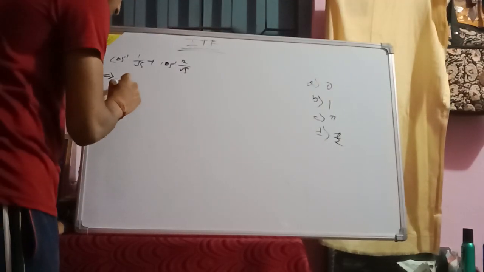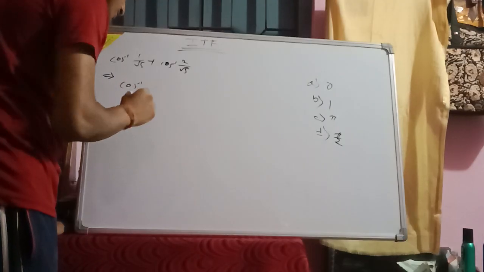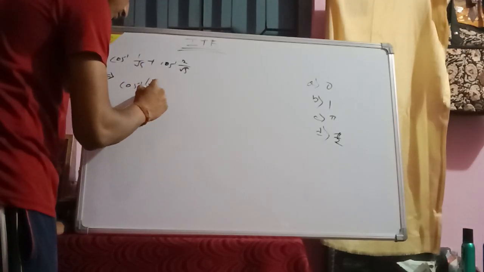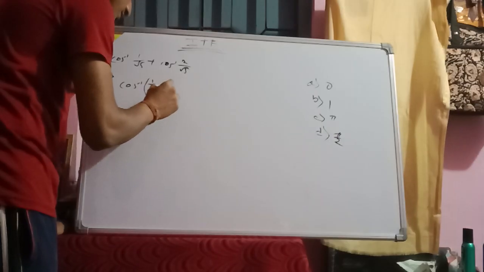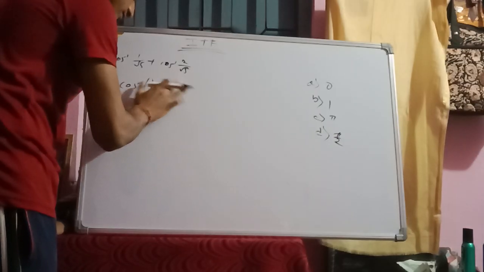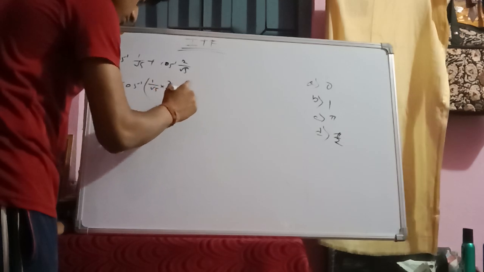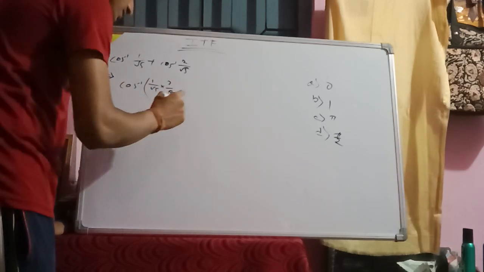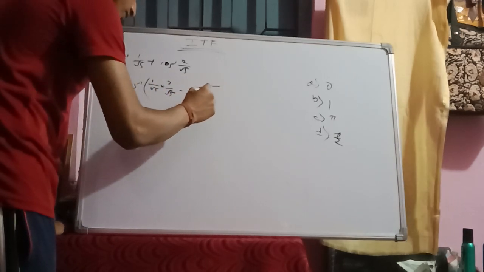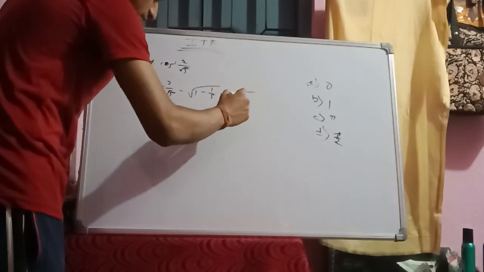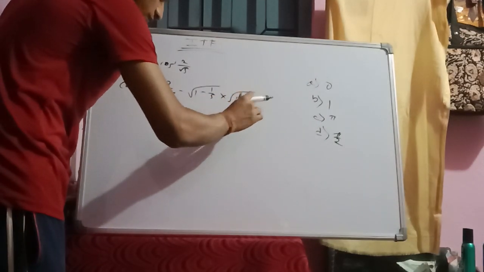This is cos inverse of 1 over root 5 times 2 over root 5 minus root over 1 minus 1 by 5 times root over 1 minus 2 over 5.